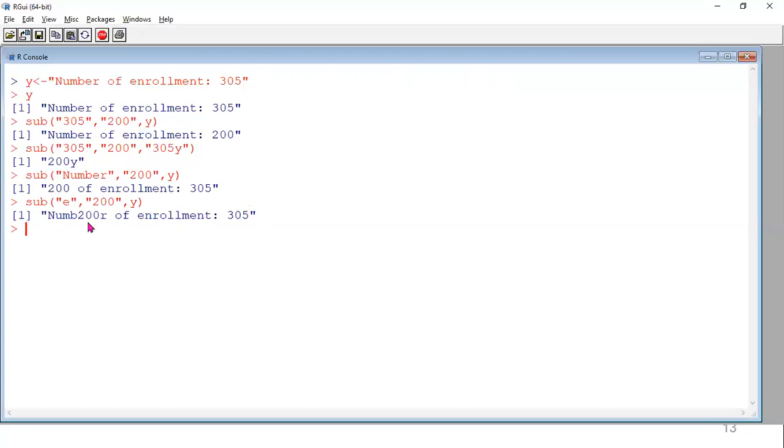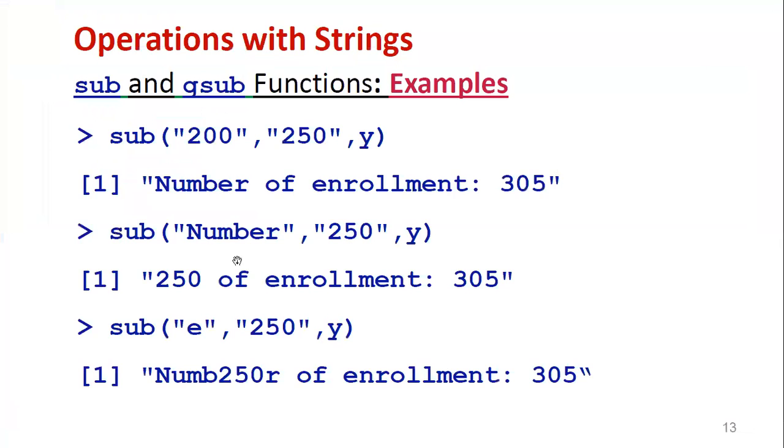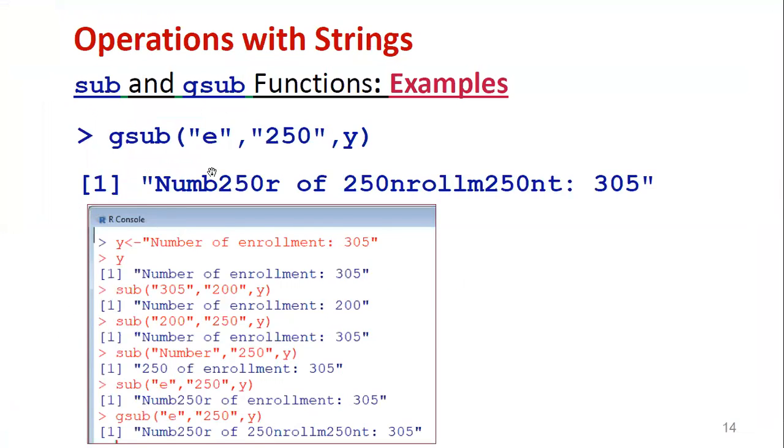If you want to replace in all places, at that time we can use another one, gsub. Now you can see the other command, gsub. The syntax is the same: gsub of E comma 250 comma y. Now wherever E occurred, it replaces E by 250. In number, E is there.